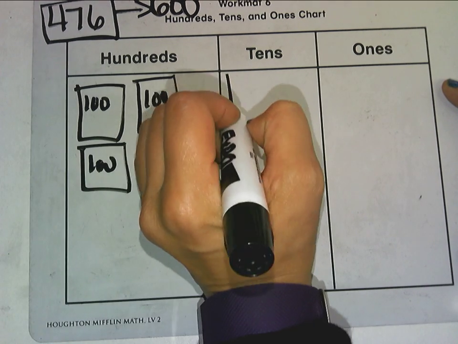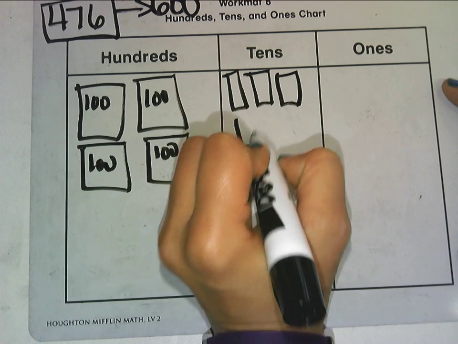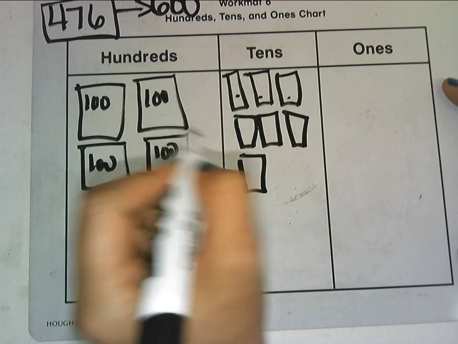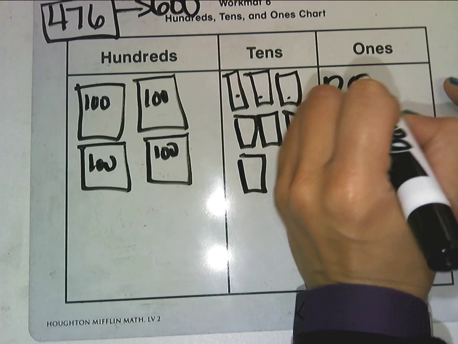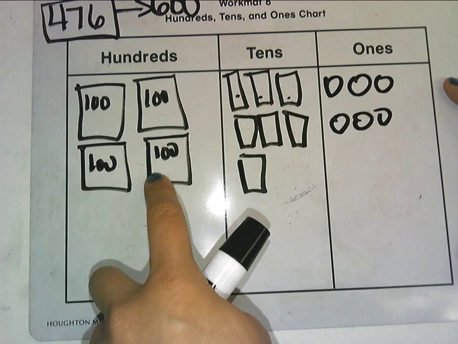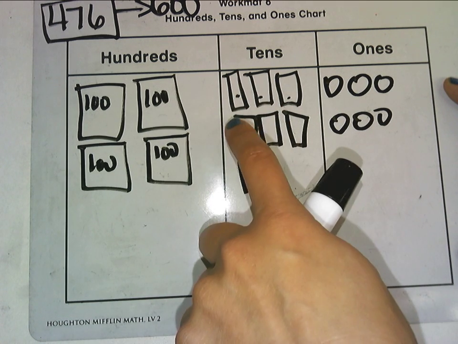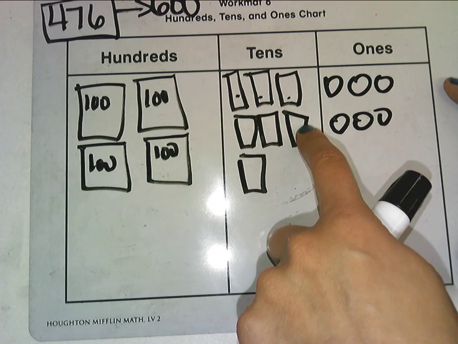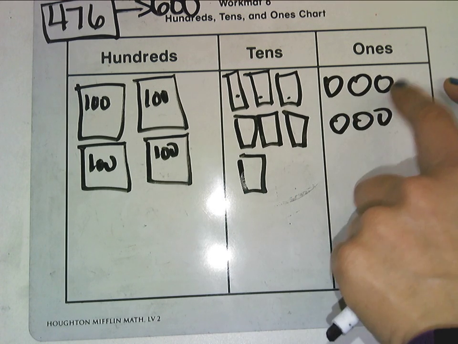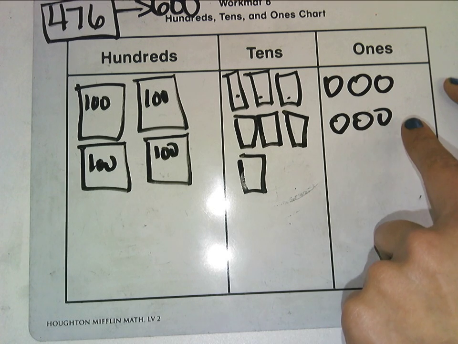Then I have 7 tens because there's 7 in the tens place. And then 6 ones. So that's 100, 200, 300, 400, 410, 420, 430, 440, 450, 460, 470, 471, 472, 473, 474, 475, 476.